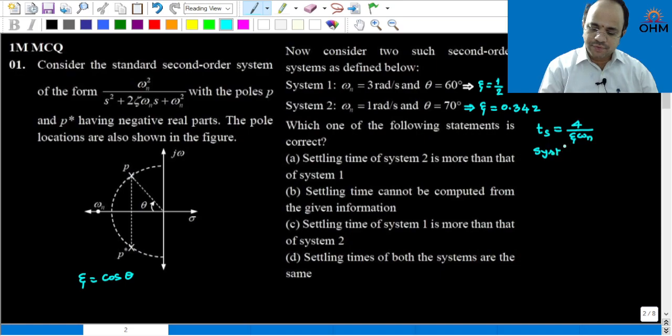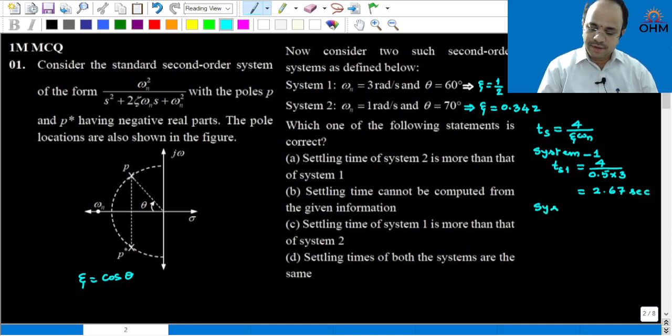Therefore, by using this formula, for system 1, we will get, let us say Ts1, that is 4 divided by zeta value 0.5, omega n is given 3 radian per second. Then for system 1, this numerical value will be 2.67 second.